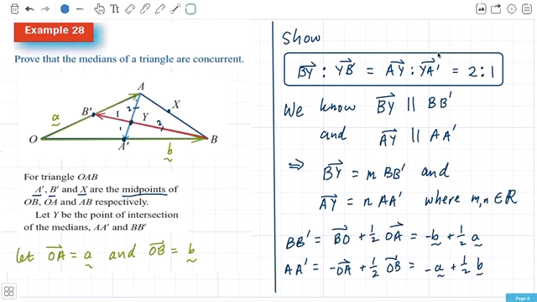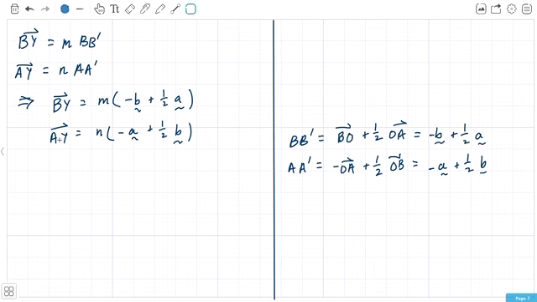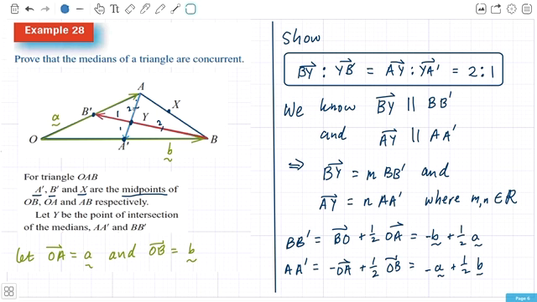Now, if we want to prove this, we're going to need to work with what we have, BY and AY, but we need to find some kind of link between them. So if we have a look at our diagram here, BY is here, AY is here. We actually could use other vectors in here as well to help us define BY and AY. So I'm going to do these now in a different colour.